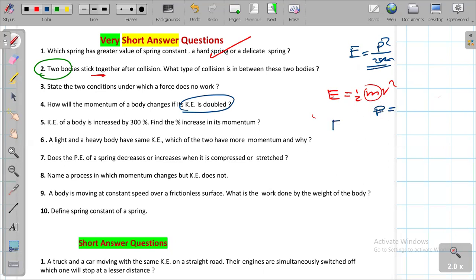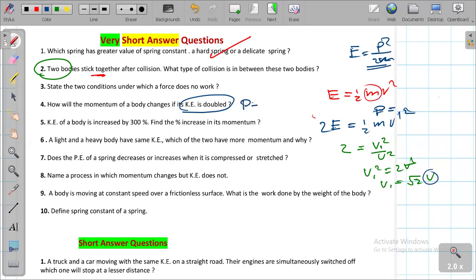In the next case, 2E is equal to half mv dash square. So you have to find out v dash. What you are going to do is divide equation number 2 by 1. The 2, half m and v, everything is going to cancel off. Root 2 v. It is going to be root 2 v. So when the kinetic energy is doubled, the velocity increases by root 2.